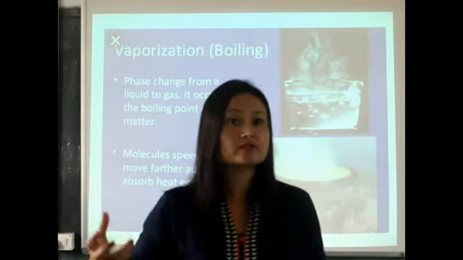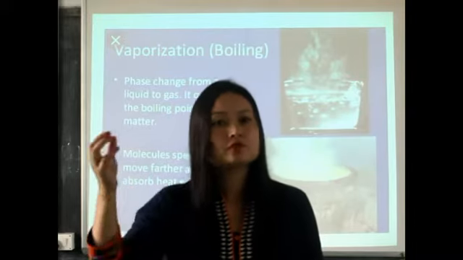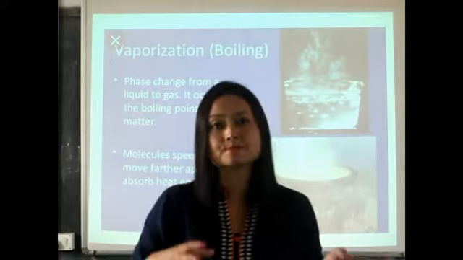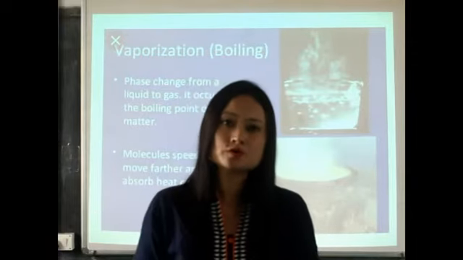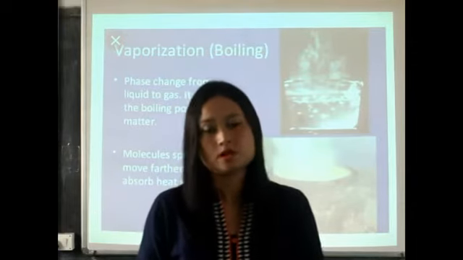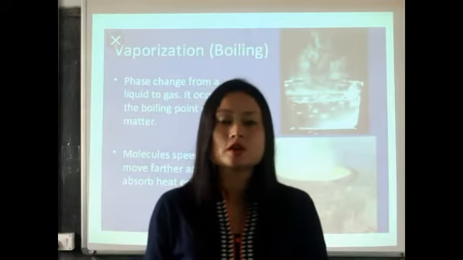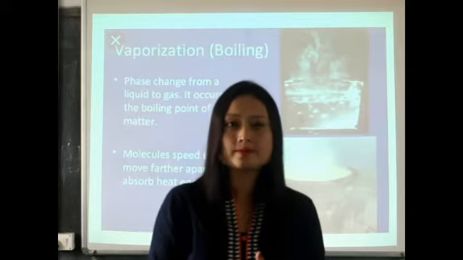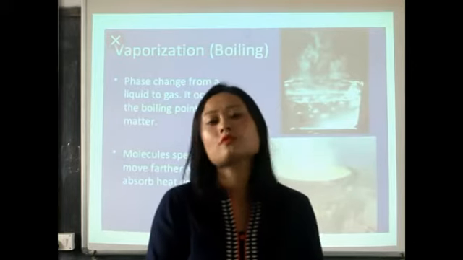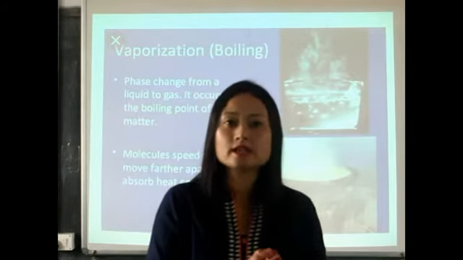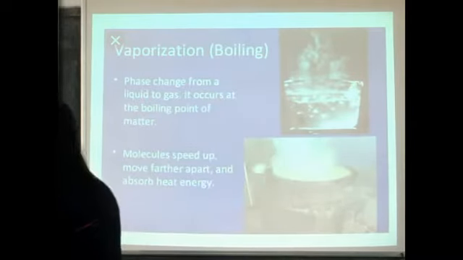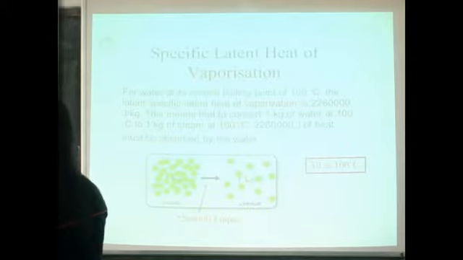When it starts converting into gas, you will still find the temperature is the same, 100 degrees Celsius. There will be no rise in temperature, because, as I told you last time, boiling requires latent heat. This is how vaporization takes place.